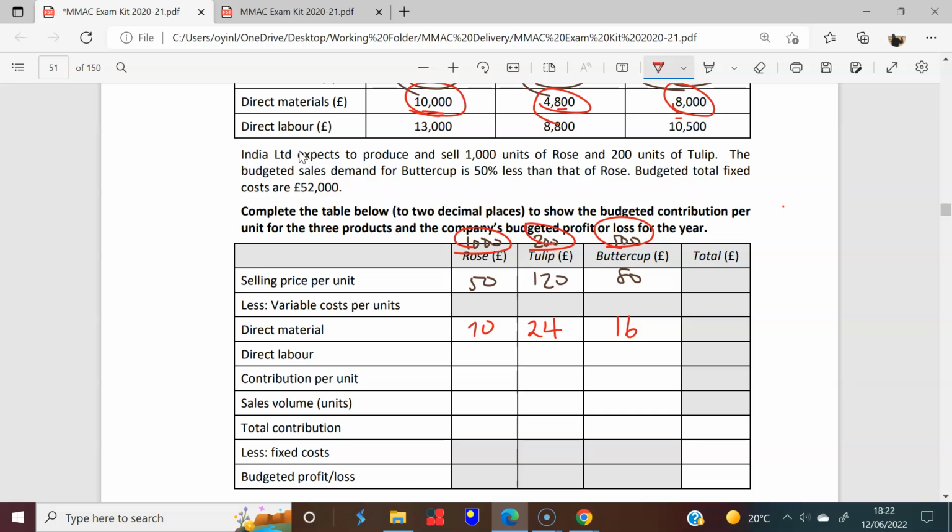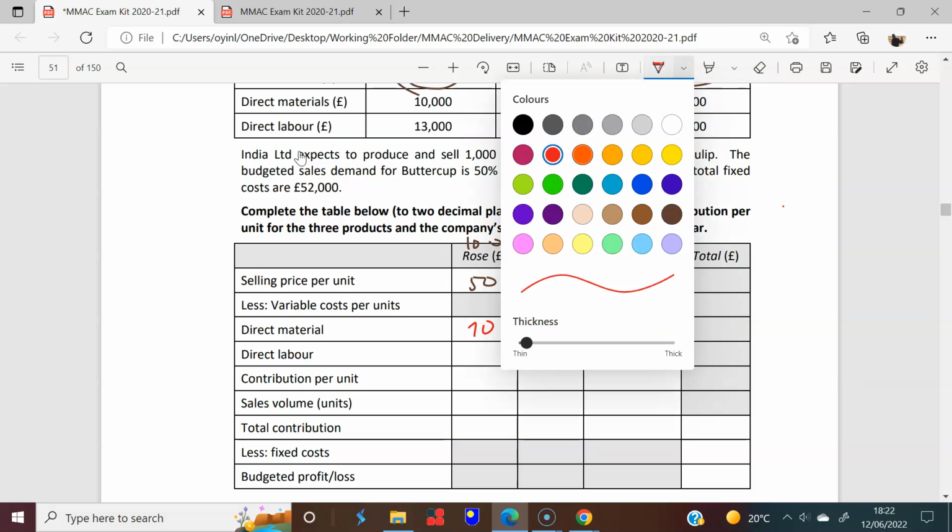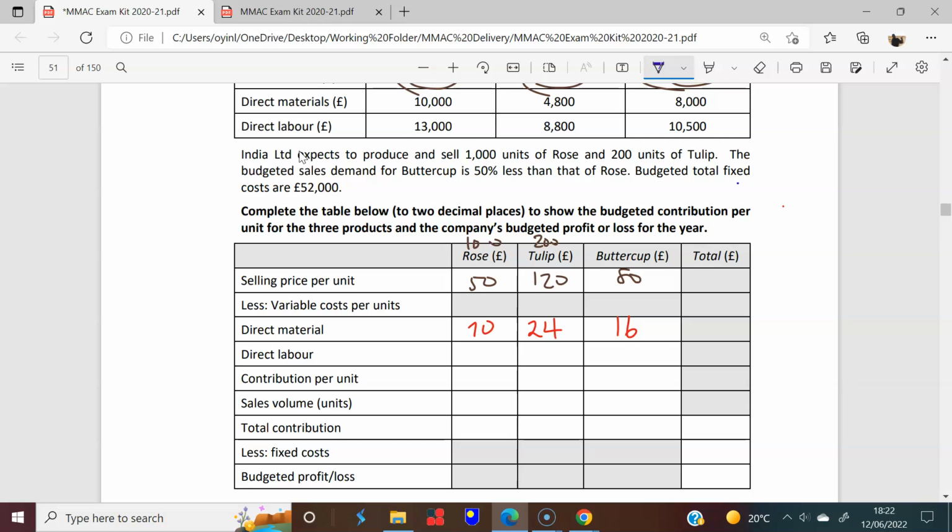And literally repeat the same thing in terms of labor. Just changing pen color: take this 13,000 and divide it by the 1,000 units, take the 8,000 and divide it by the 200, take the 10,500 and divide it by the 500 to find the respective labor cost per unit, and you'll have 13, 44, and 21. So the contribution per unit would of course be the selling price minus both of these.